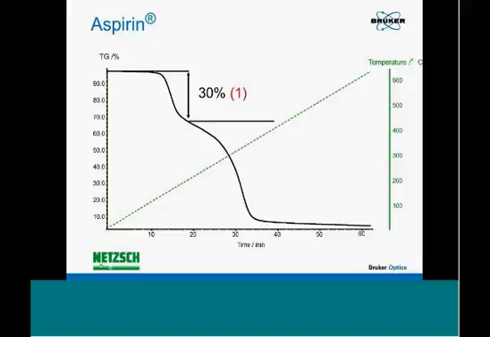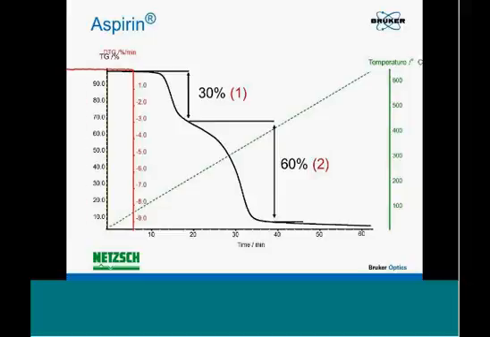So here you consider two processes. In the first process the compound lost about 30% weight. In the second stage, it's 60% weight loss. That's what you can get from TG, but you don't know what's going on behind the scenes, what caused these changes and what kind of chemistry goes on during this decomposition.